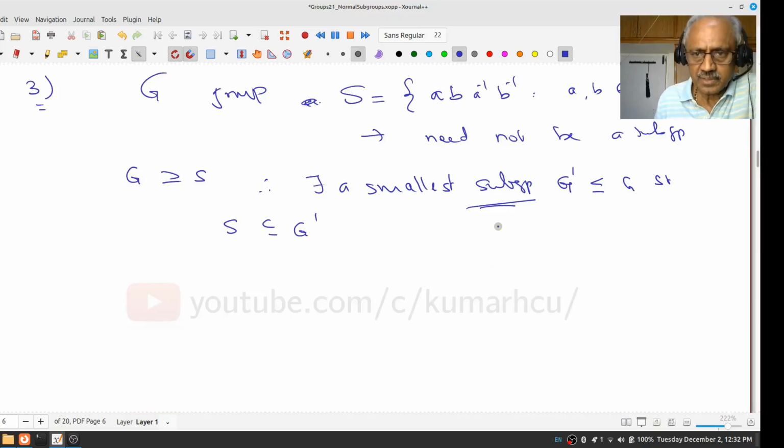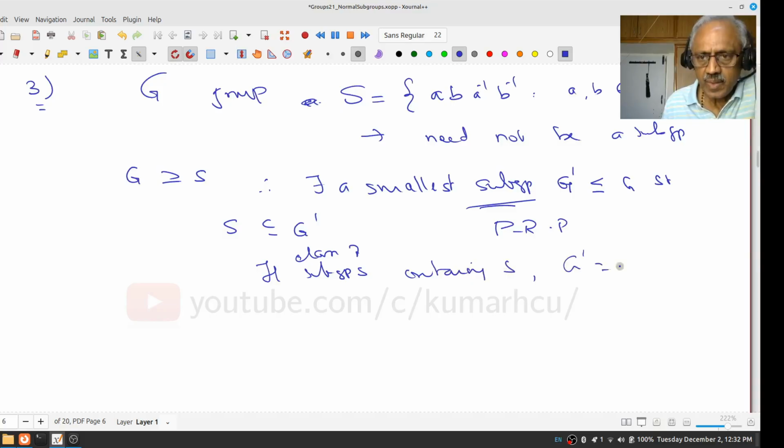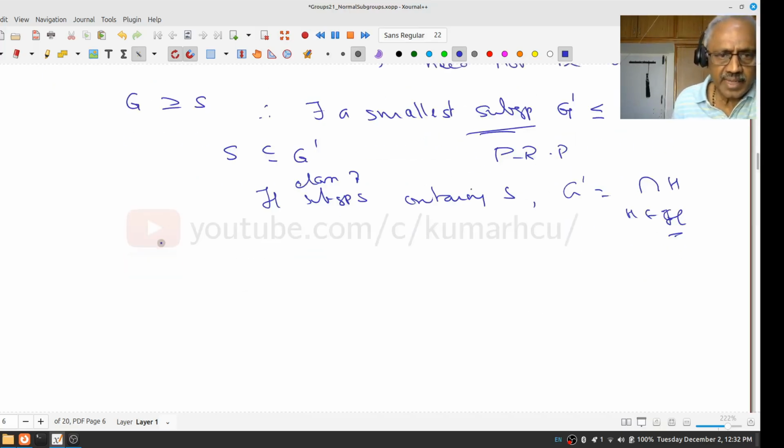Just take a minute, understand this. If script H is the class of subgroups containing S, then my G dash is the intersection of H as H varies over script H. Okay. Now I claim my G dash is normal in G.